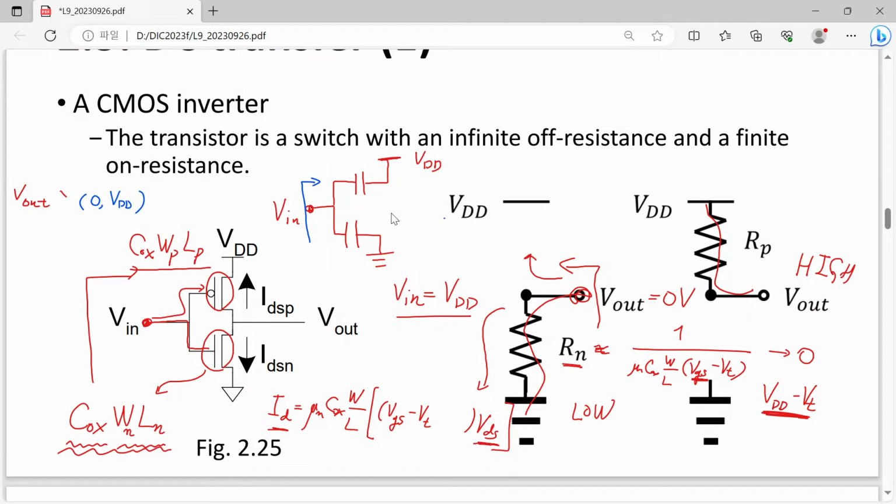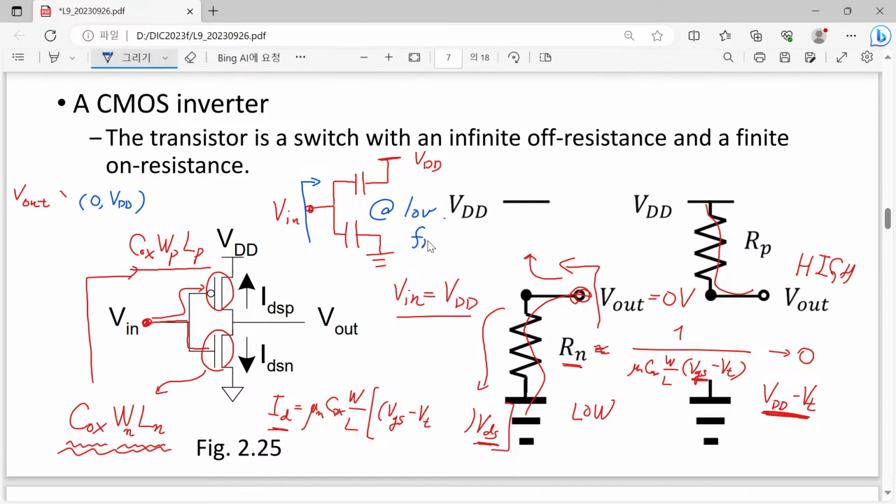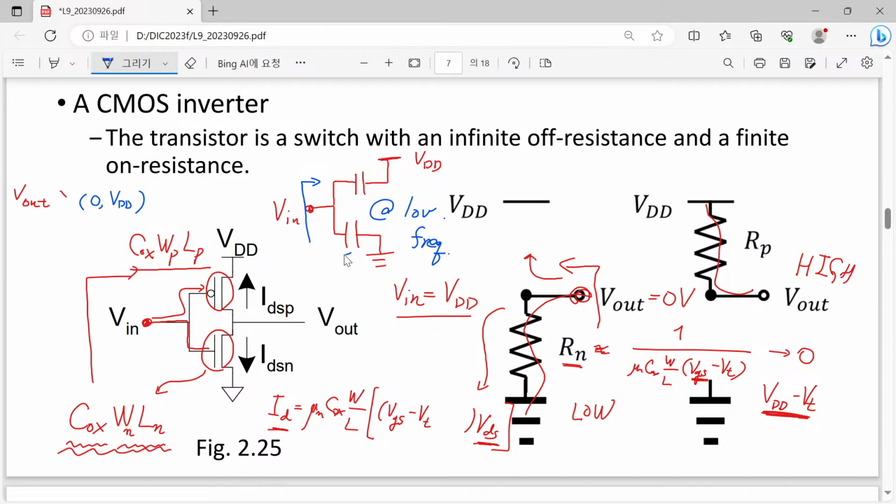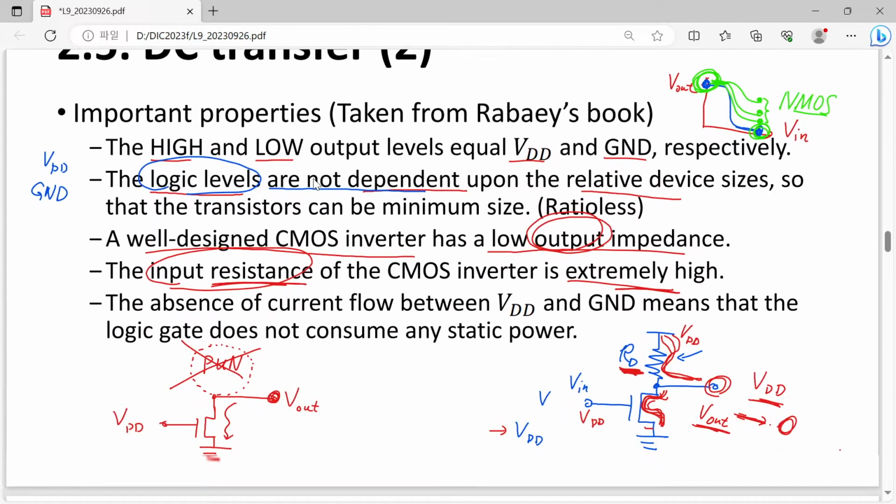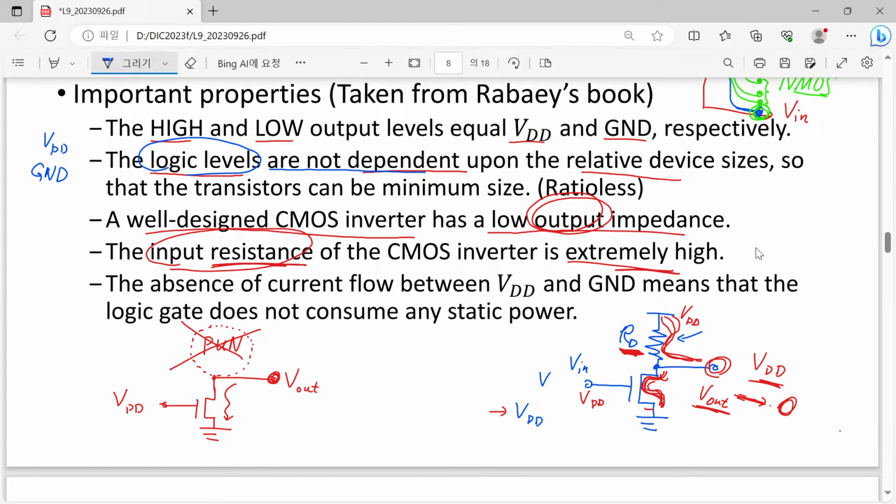If we are working at low frequency, then this one contributes very high impedance, and this one also contributes very high impedance. So the impedance seen from our input node will be quite high. This one is valid at low frequency.